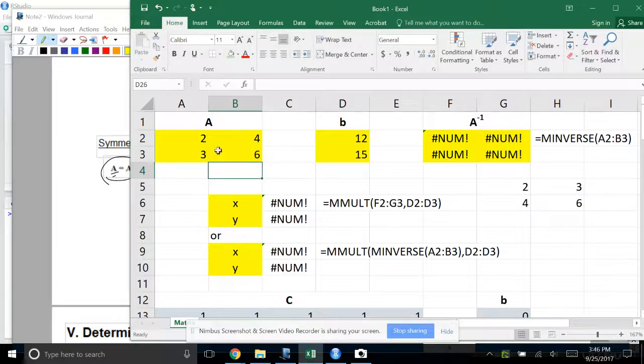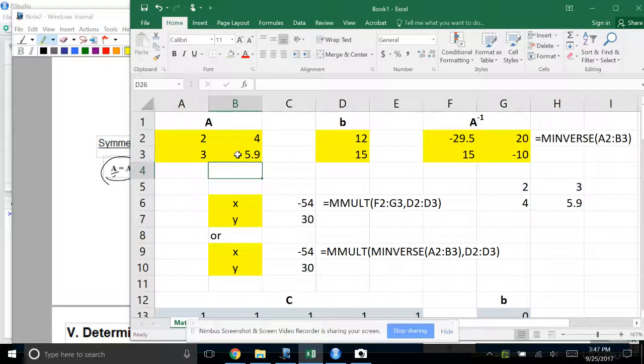All right, so basically what this turns out to be is we are kind of dividing through by 0. So let's say instead of 6, we're going to put in a 5.9. So that is not a true linear combination, but look how big the answers are.